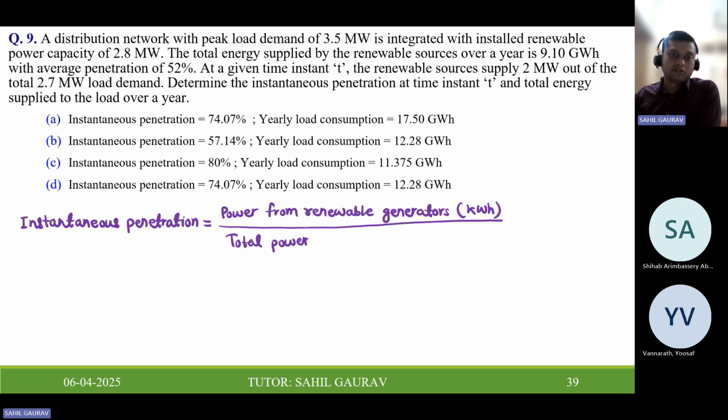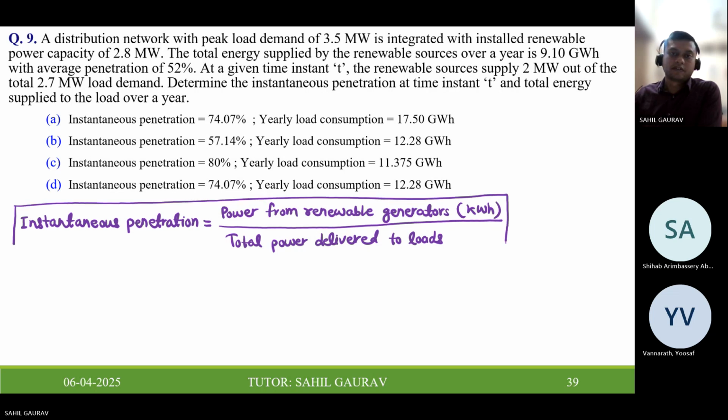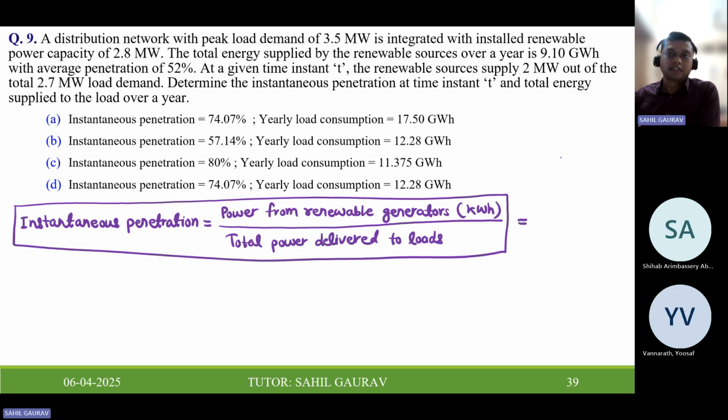Total power delivered to loads. So this is given here.